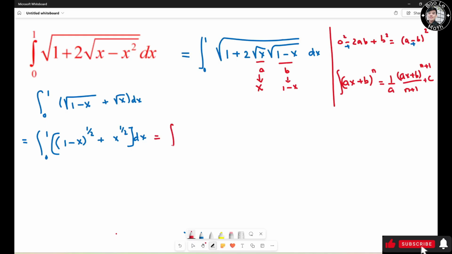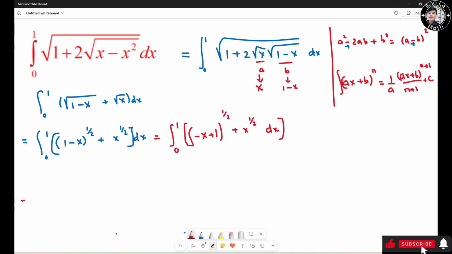I can rewrite this one as the integral from 0 to 1 of negative s plus 1 raised to the 1 half plus s to the power of 1 half ds, right? So I can apply this formula right here. A in this situation is negative 1, right?